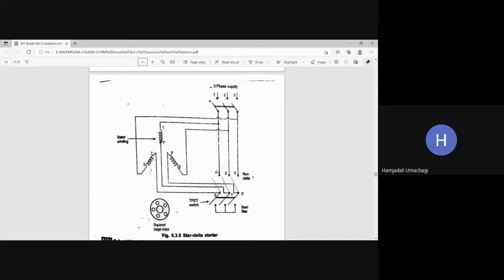During starting condition, the induction motor is supplied with star connection voltage, and during running condition the TPST switch is made to throw on the other side, where during running condition the stator will receive the voltage connected in delta position. So what is this star and delta connection, how is it going to operate the induction motor?